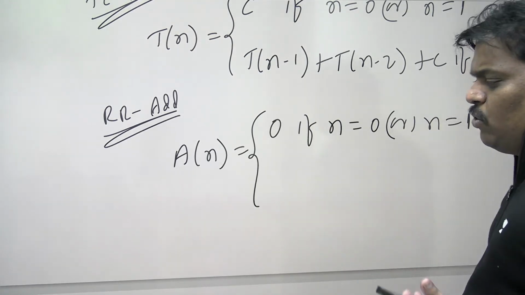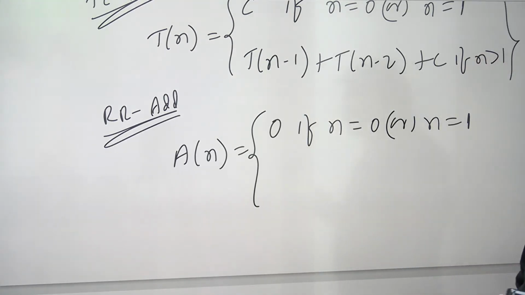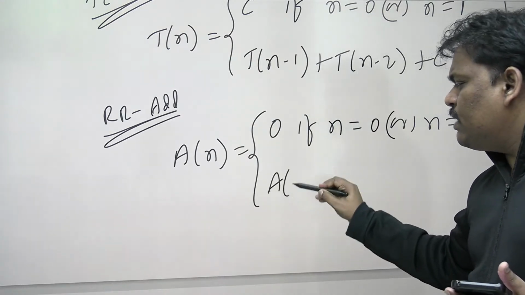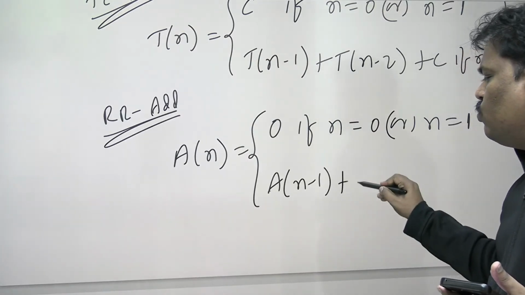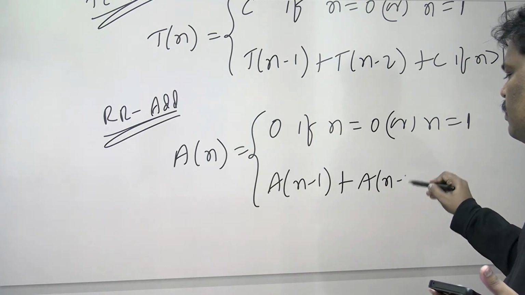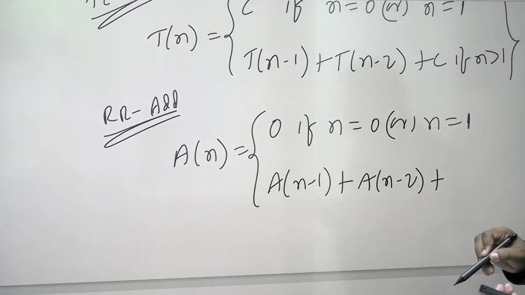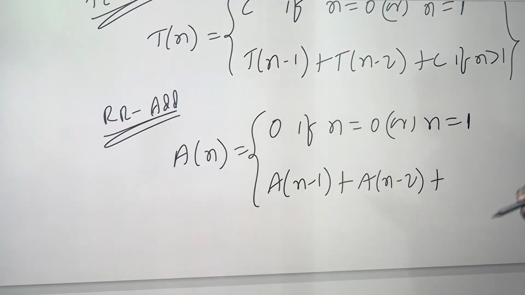Can you go to the else part? Recursion you write as it is. Plus, in the else part, if you observe, one addition there. So what is the answer? Plus 1, if n greater than 1.